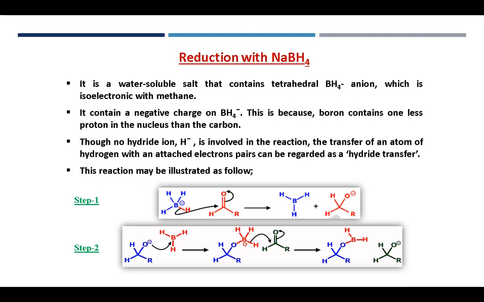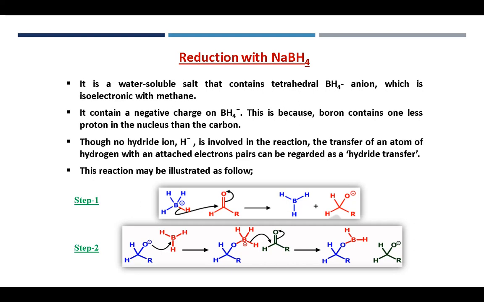Though no hydride ion, H-, is actually involved in the reaction, the transfer of a hydrogen atom with its attached electron pair can be regarded as a hydride transfer. In other words, from BH4-, one of the hydrogens, with the electron pair, is transferred to the carbonyl carbon. Note that it is the hydrogen atom that forms the new bond to the carbon. This reaction may be illustrated with a curly arrow as shown here.